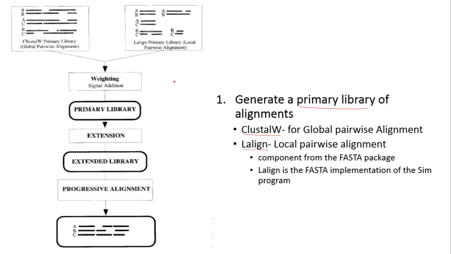Since we are using both global as well as local alignment in our algorithm, for global alignment we would be using ClustalW, and for aligning the sequences locally we would be using LALIGN. LALIGN would be used as a local pairwise alignment tool, and this LALIGN is a component of the FASTA package. It is a FASTA implementation of another program called SIM.